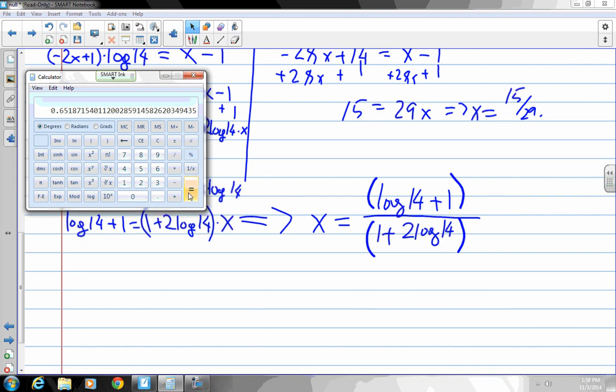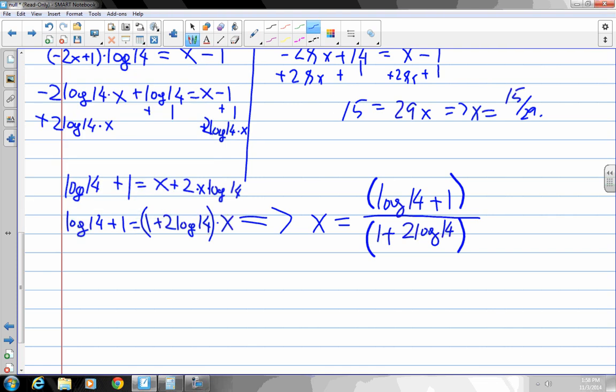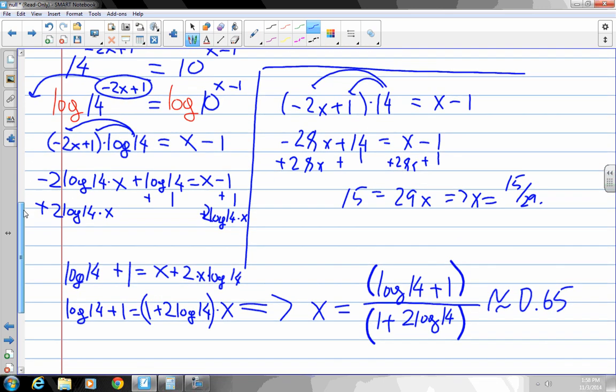Got that? So 0.65-ish. Questions on this one?